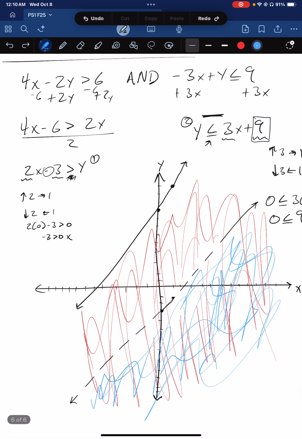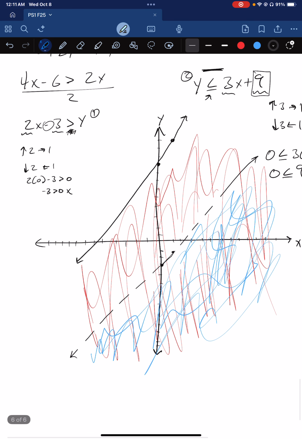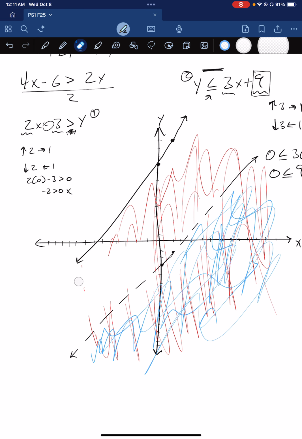Okay. Our equation says "and," and that means two things must be true. So we need red and blue. So I'm going to get rid of everything that's just red. Nothing is just blue, and so, okay, this is going to be really hard to get rid of it all. So just pretend like I got rid of it all.